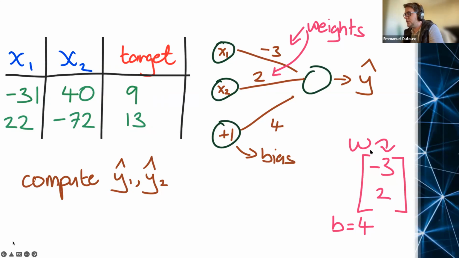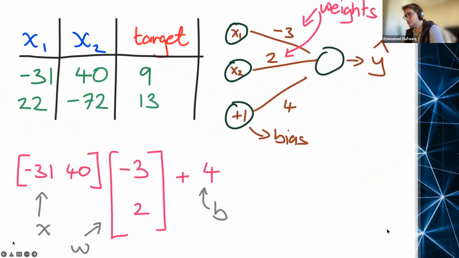Note that what I can do as well is I can write the weights in a vector column. I can write my weights as -3, 2, and I can write the bias as a scalar as 4. So my weights is a column vector -3, 2, and my bias is a scalar 4.